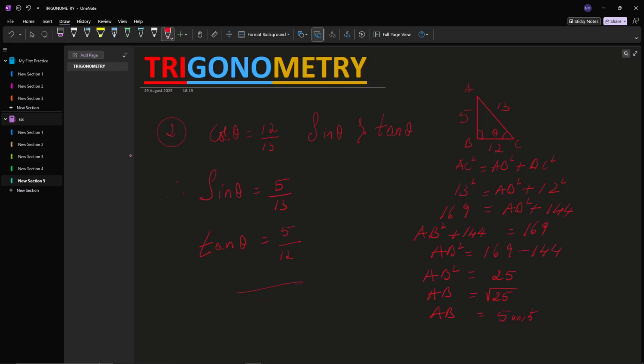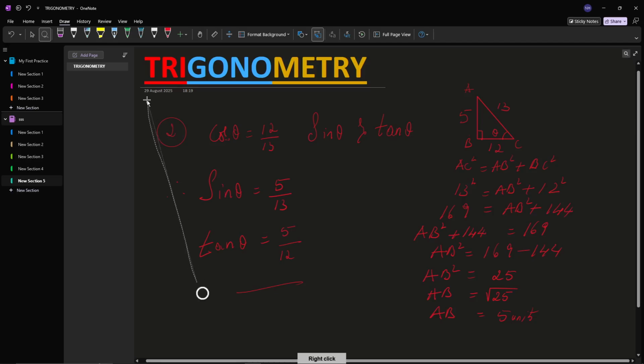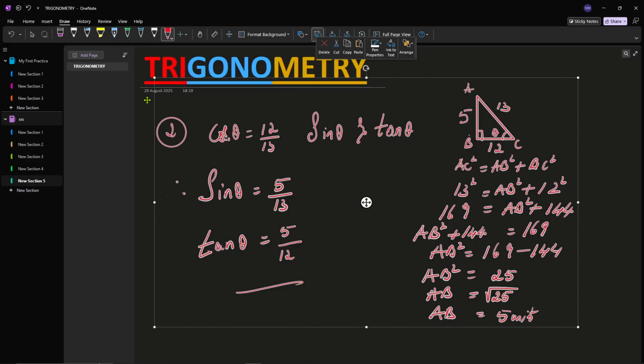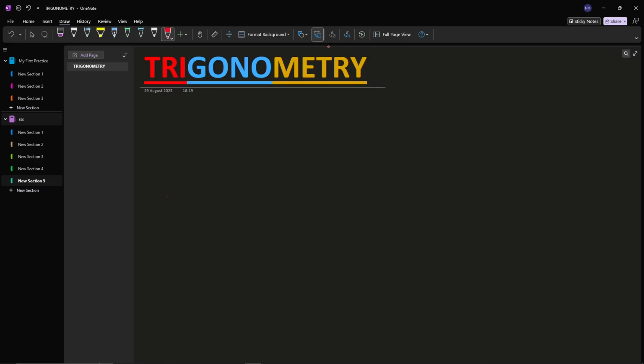Now in place of theta, I'll refer to a particular angle and we'll look into one more problem. Now for example, we go to the next level of the problems.